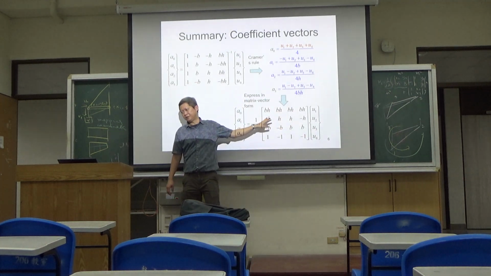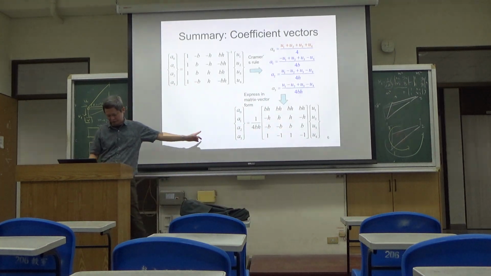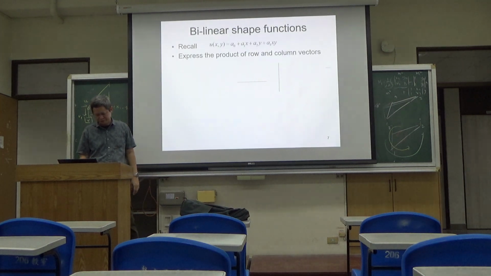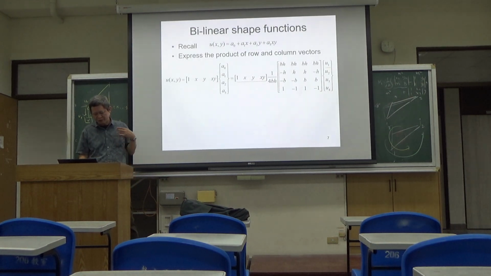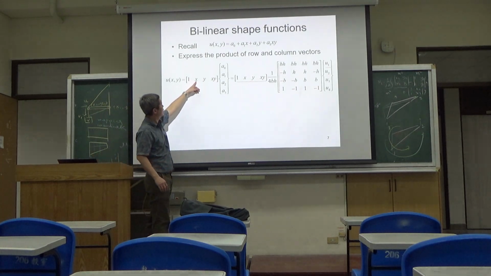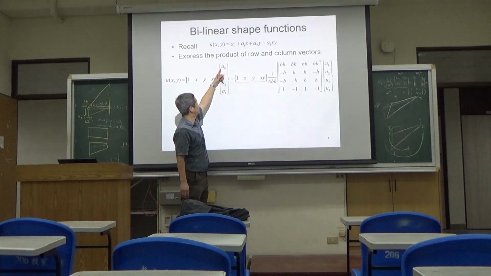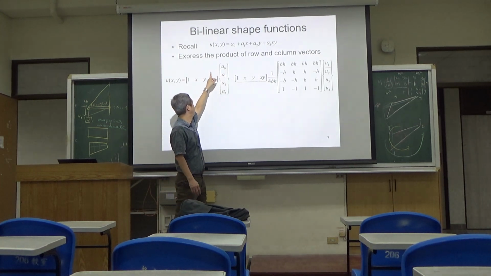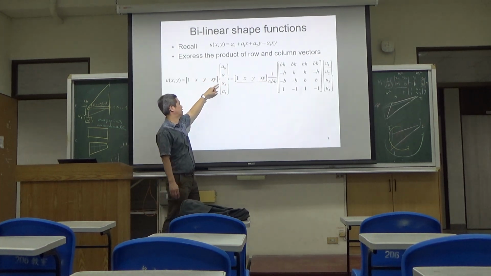The matrix is expressed in the left hand side. Okay, so now what you will do? By multiplying it back to x and y, you have 1 times A0, x times A1, y times A2, xy times A3.